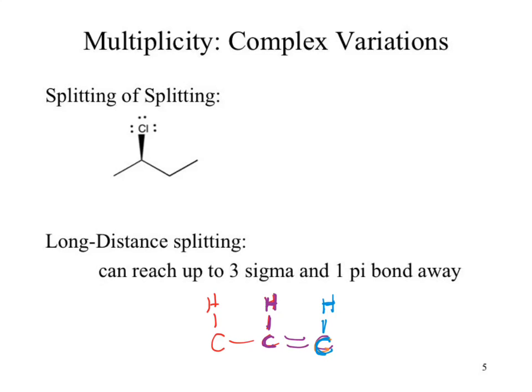If everything works out perfectly, though, that blue hydrogen does get close enough to the red hydrogen to cause splitting. Why would it get closer? The double bond is shorter than a sigma bond, and that can draw those hydrogen atoms close enough to each other that they can see each other well enough to cause a split. It is a secondary splitting effect.